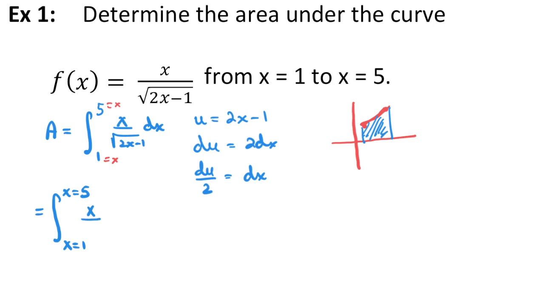I rewrite my problem. I have x over u to the 1/2 power multiplied by du over 2. I do have to figure out how to get rid of this x value, otherwise I cannot integrate. Notice I can solve for x to give me u plus 1 divided by 2 is x.